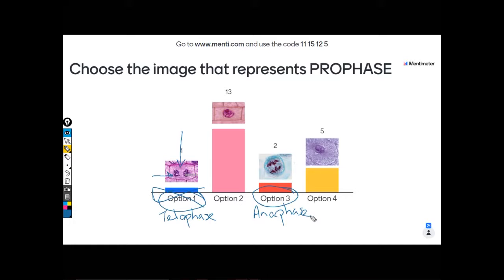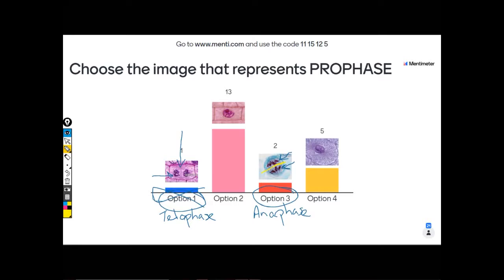So here again, even though it looks a little different, we want to focus on those dark bits, right? I have dark bits over here, dark bits over here. I have a very clear space in the middle, right?